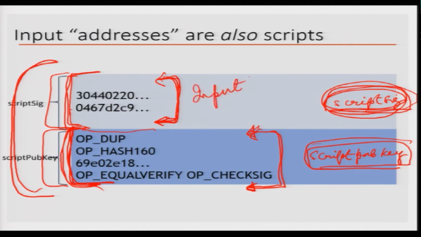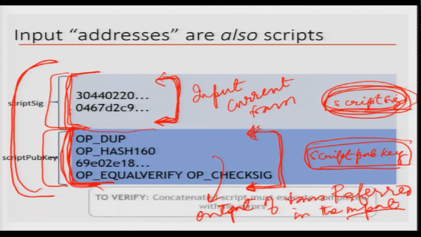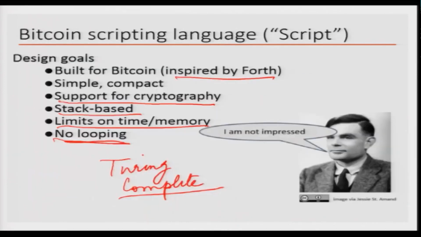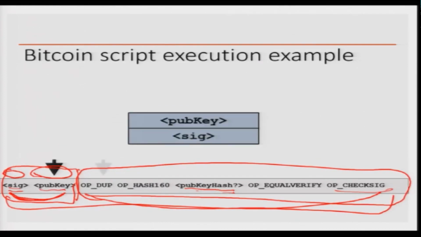It is the input part of the current transaction, and this part is from the output of the transaction referred to in the input. That is very important, otherwise you will be confused when you try to understand this part. Okay, so this is how the execution happens.